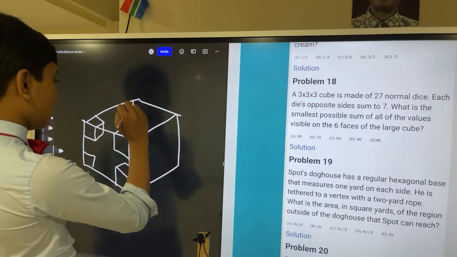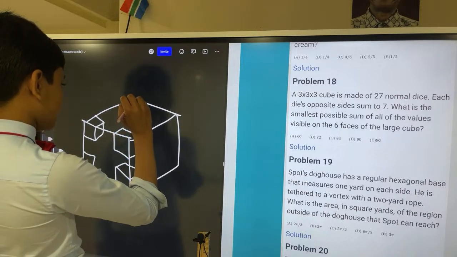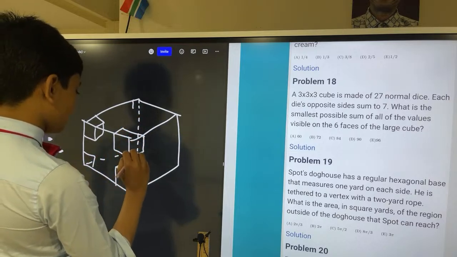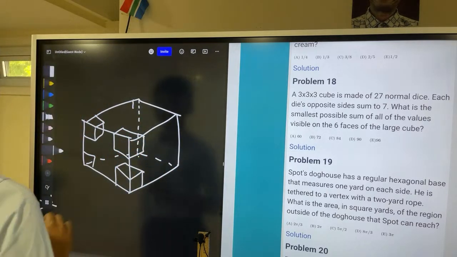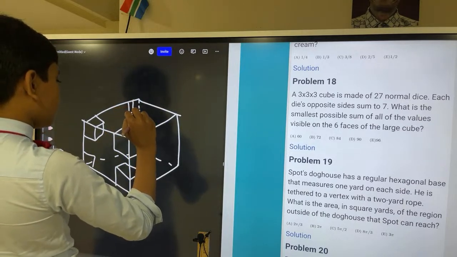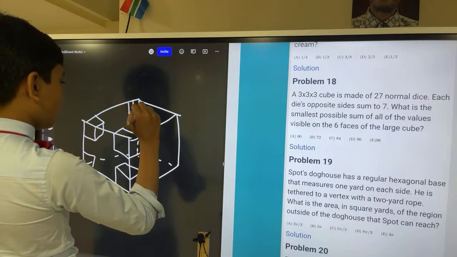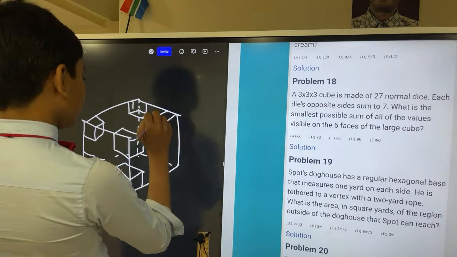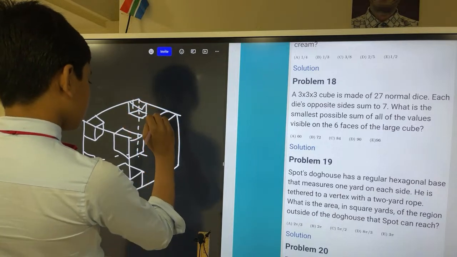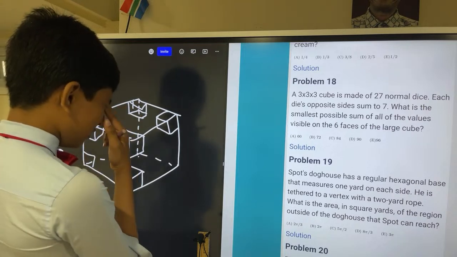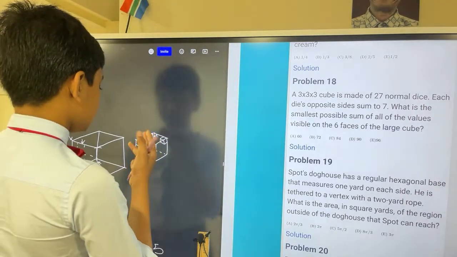Let's actually, wait. So we can have a 5th one over here, a 6th one over here. Wait, I just realized because there are 8 corners in a cube, there are going to be 8 corner cubes.